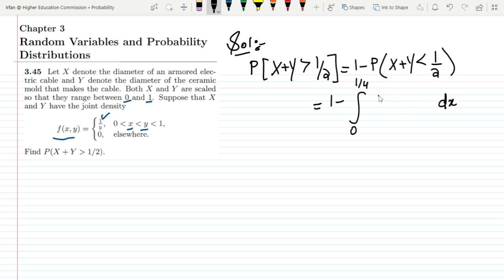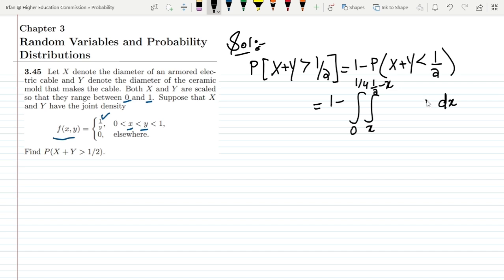And also another integral which is for y, we can see the range of y starts from x and will end at 1 by 2 minus x, where the summation of both of them will be 1 by 2. I hope you have understood that the summation of both of them will be less than 1 by 2.